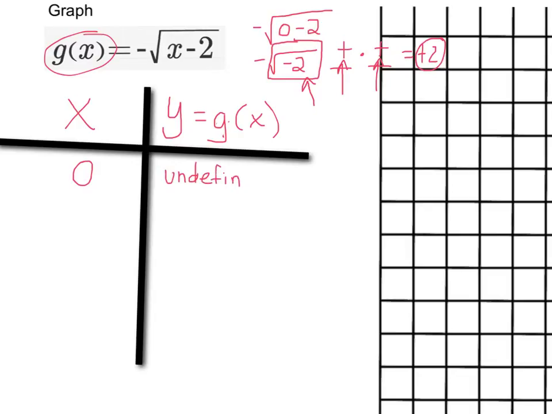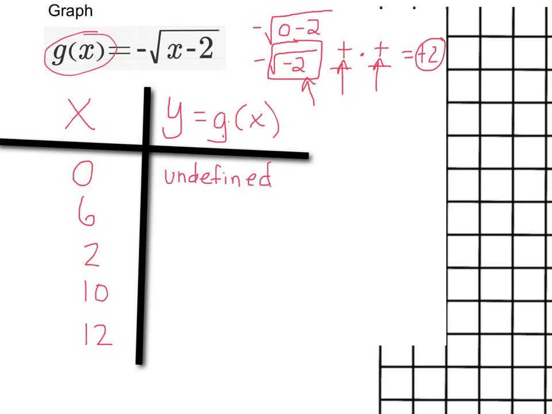So I need to pick some inputs that will actually give me an output. Why don't we try 6 and 2 and 10 and 12. I just picked some random numbers.